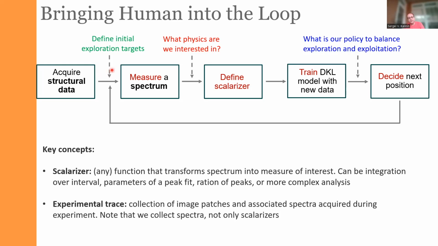The places where they can become useful is actually this part, because the part where we say define initial exploration targets in the experiment, this is the point where you have to rely on your own experience as the domain scientist. For relatively small images from a specific material class, it's straightforward. That's why you do your homework before you stick the sample in the microscope.